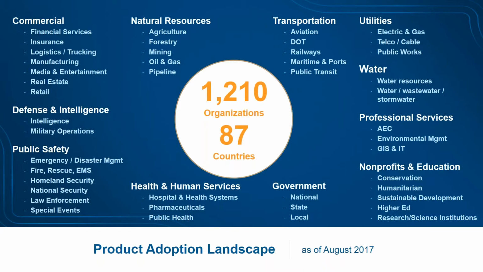The user base covers many sectors: commercial, defense, intel, public safety, transportation, state, local, and national governments, electric, gas, water utilities, nonprofit, educational, natural resources like oil and gas, with big oil companies using GeoEvent as well, and health and human services like hospitals.